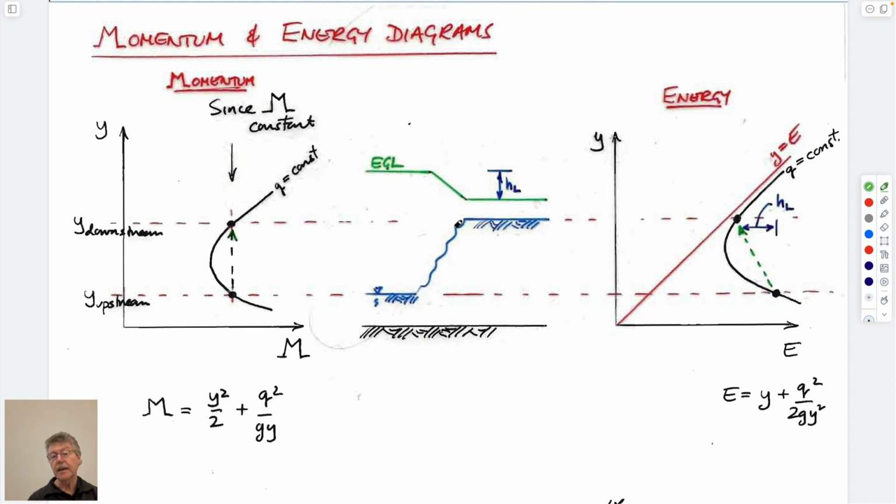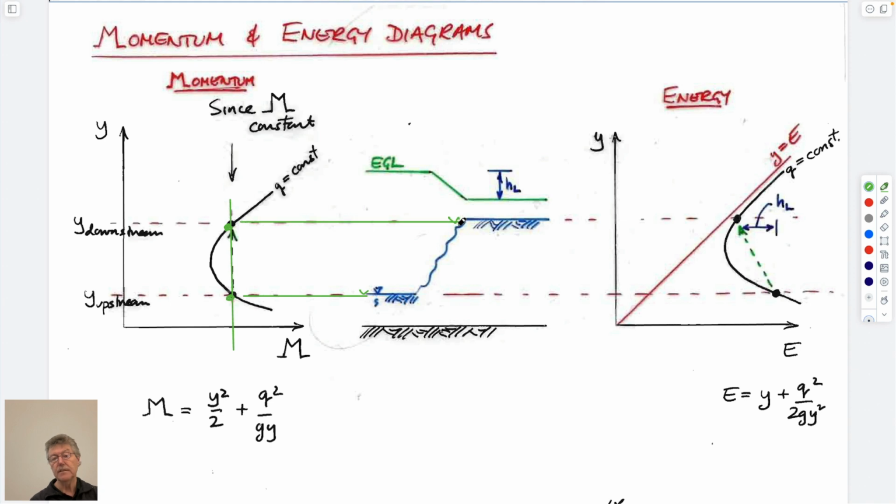And so now, in the same way as we had before, if we have a given momentum value, which we could calculate for our system, we would have two possible depths: supercritical and subcritical flows, upstream and downstream, and they'd correspond to these particular depths here. That's all we're saying.